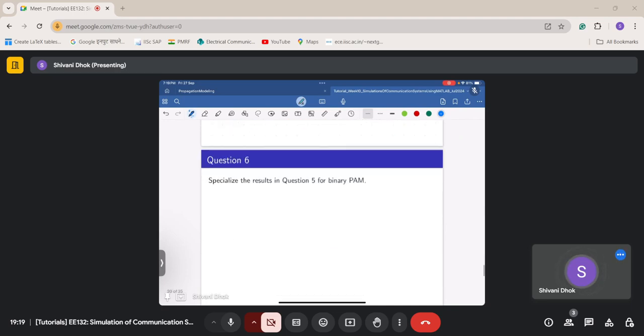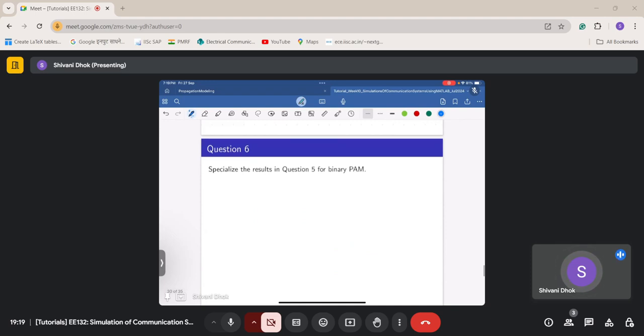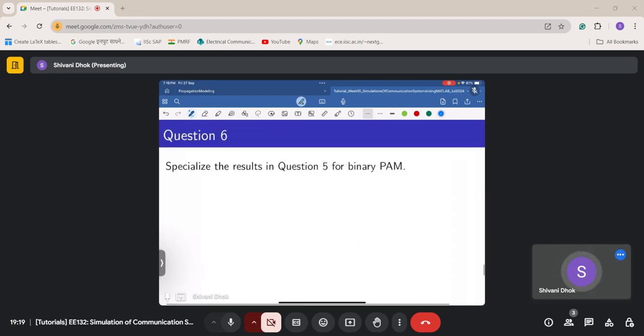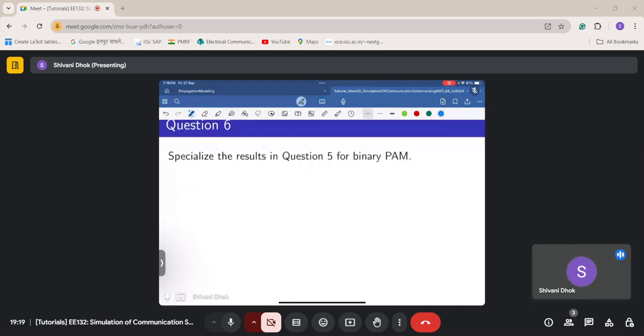Okay, so let me move on to the next question. It says that specialize the results in question 5 for binary PAM. So binary pulse amplitude modulation, what does it mean?